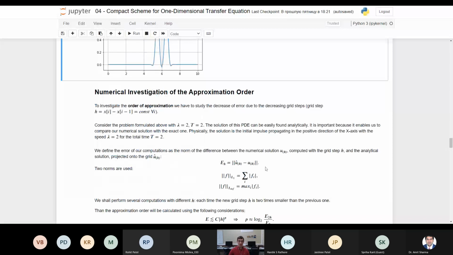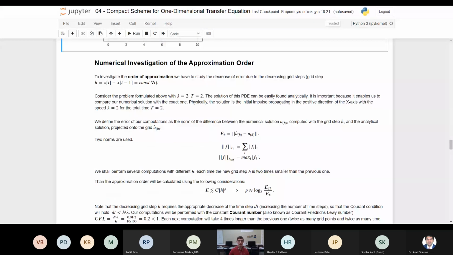So now we can actually investigate the approximation order of the presented scheme, because, as you know, there are many different schemes. You already discussed some schemes in the previous lessons with Vasily Golubev. So there's a question of comparing this scheme to the rest.